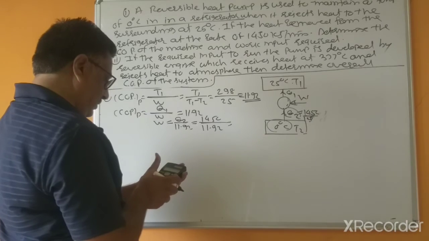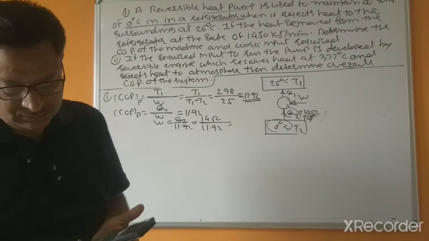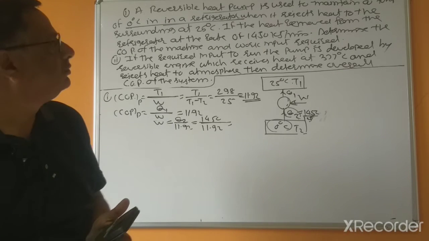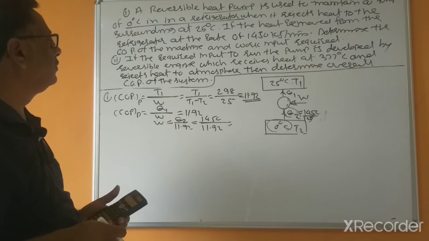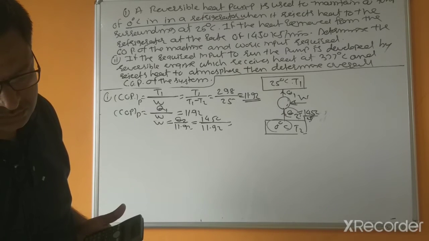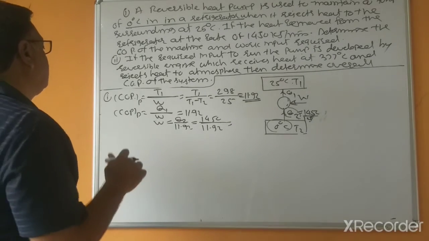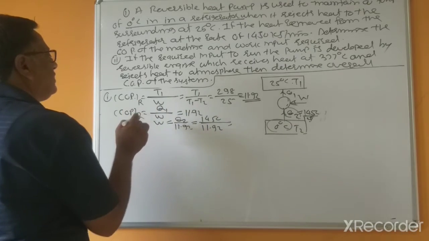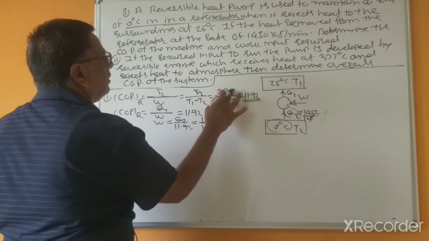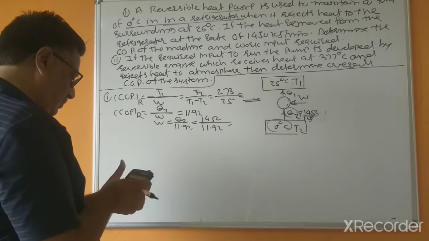1450 divided by 11.92, this is equal to, we are making a mistake, and this is a refrigerator, so that's why this is T2 and this is 273.